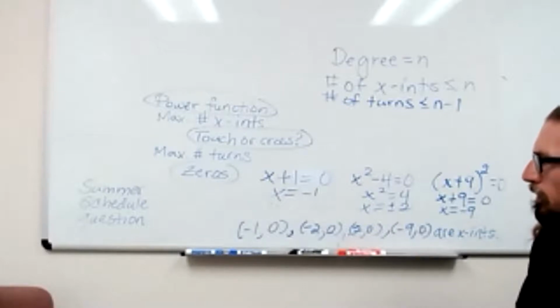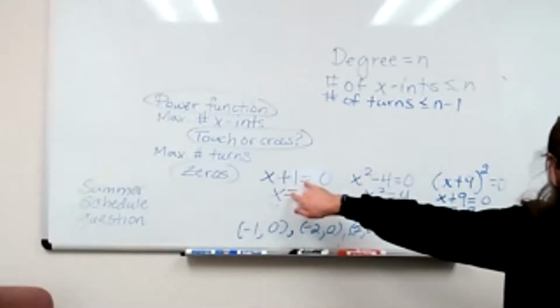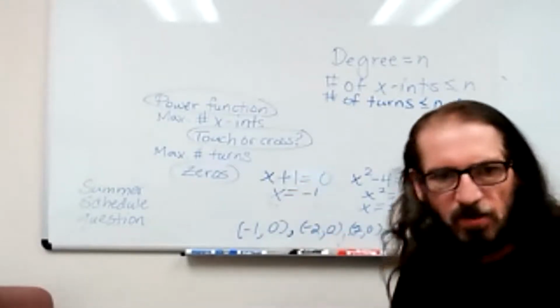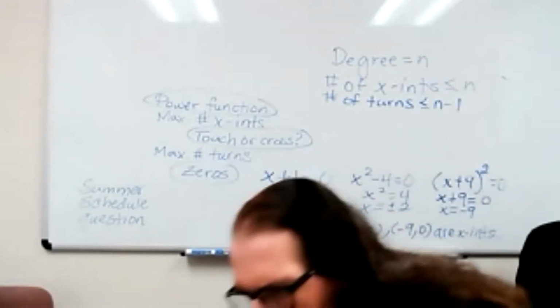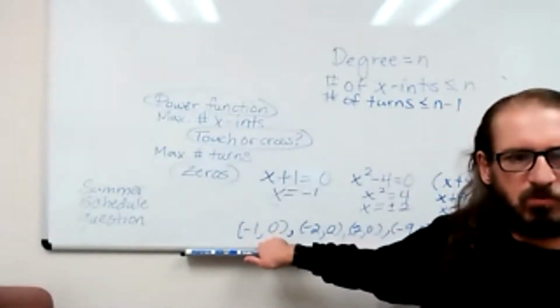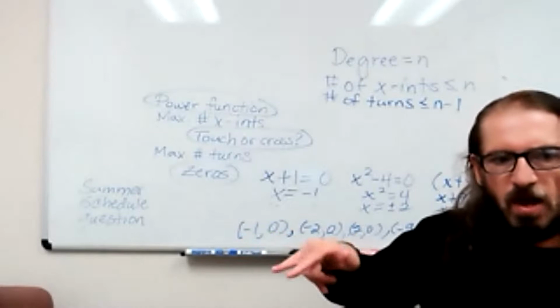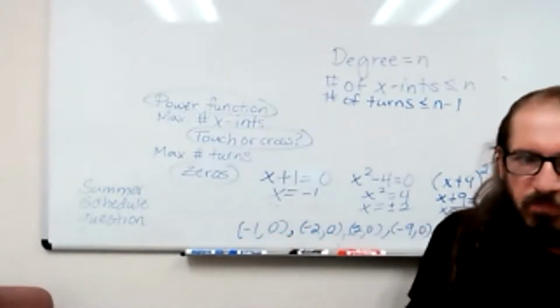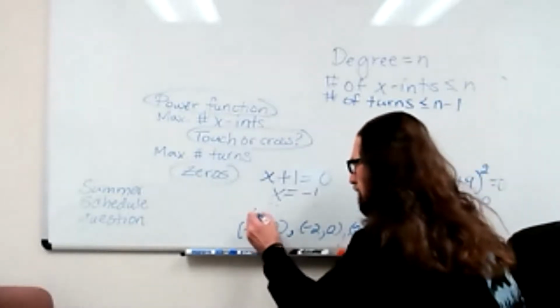Furthermore, because that first factor was to the first power, if that's all we had, we would have had a line. And I'm going to predict that nearby that x-intercept, it's going to look like a line. So it's going to cross the x-axis at that x-intercept.